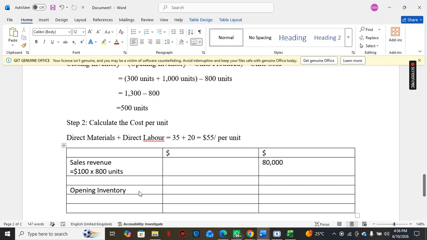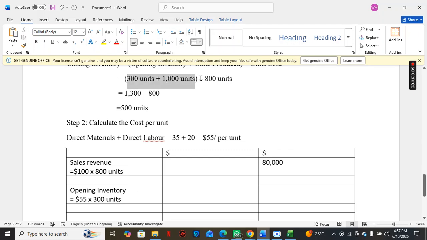So opening inventory is the $55 variable cost per unit multiplied by the 300 units. These numbers, the 300, the 1,000, and the 500, will be valued at $55. 55 times 300 is 16,500.